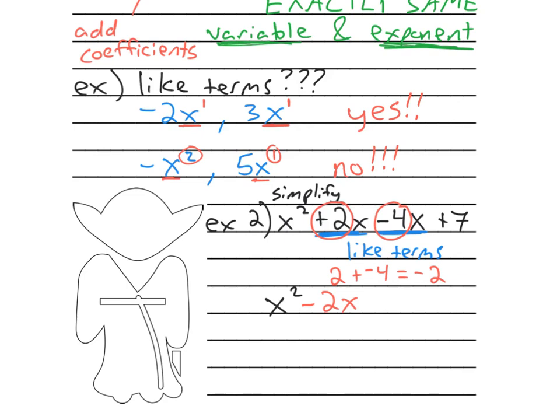Did the variable change there? No, the variable doesn't change. When you're adding like terms, the variable stays the same. It's still x. It's not x to the 2 anymore. It's just x, negative 2x. Only the coefficient changes, the big number. And what's still left there is the positive 7. So there's our simplified answer.